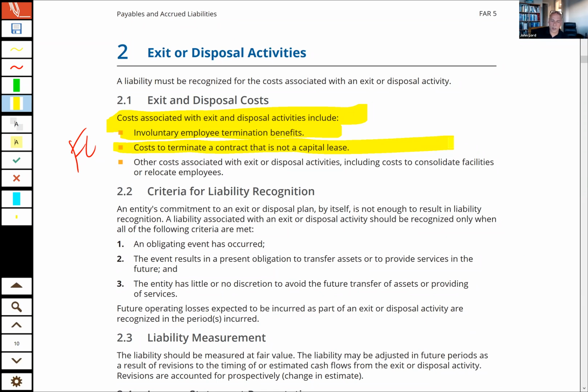It doesn't meet the criteria of a capital lease. I want to get out of it, and you're going to make me pay to cancel that contract. Or other costs associated with, say, consolidation. I'm going to shut down one part of the business and I don't need the accounting team from that part, and again, I got to pay to terminate those guys, etc.